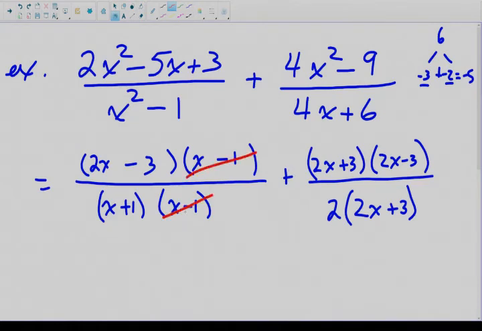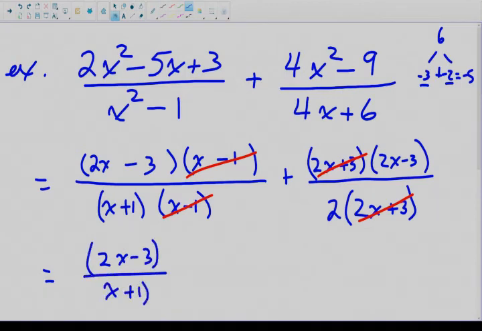So here the x minus 1 will cancel out with the x minus 1. The 2x plus 3 will cancel out with the 2x plus 3. Let's write what's left over. I'm going to keep the brackets there because we're going to need them to find our common denominators anyway.